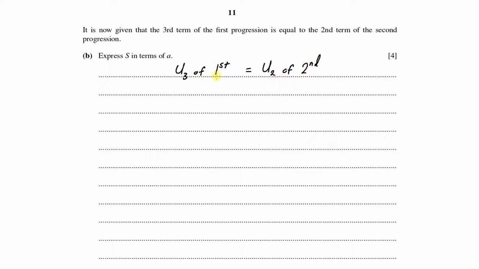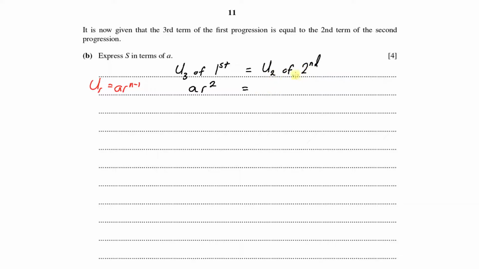So for the third term of the first progression, we are going to use the general term for a GP, which is ar to the power n minus 1. So that's a, the first term, and r to the power of 2. And it's equal to the second term of the second progression.